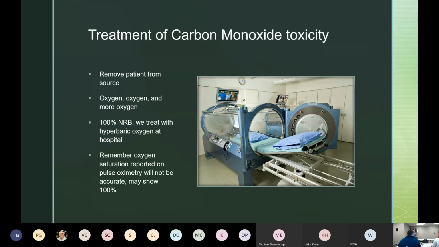If their initial carboxyhemoglobin level is at a certain point, then we'll go ahead and take them to the hyperbaric chamber. Of course, to be treated in the hyperbaric chamber, they have to be stable enough to be in there and not need intubating, and not be so altered that they can't handle it. So it's kind of a two-edged sword there. But basically, you're just trying to provide enough oxygen that offsets the carbon monoxide that's attracted to the hemoglobin.